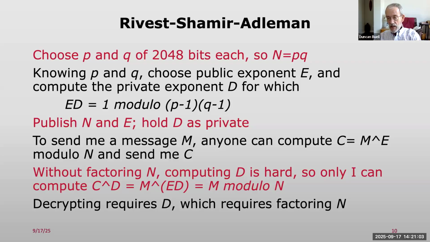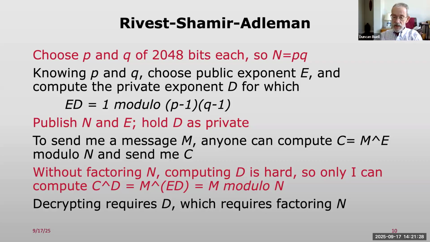So to send a message, M is the plain text. You just write it as ASCII characters and turn that into bits and chop it into sections only as long as your N, your integer N. Anyone can compute the ciphertext M to the E, because E is public.